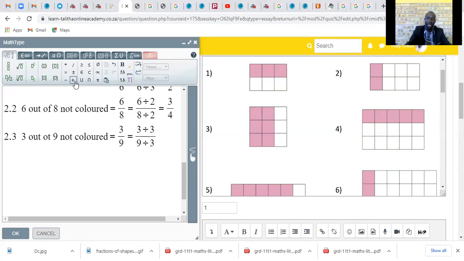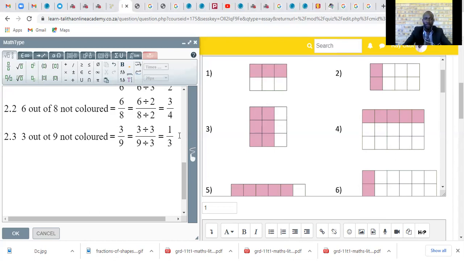What do we get from that then? Well, we will get a 1 for 3 divided by 3. And then when we divide 9 by 3, what we get is a 3. So this becomes the fraction of the squares that are not colored.